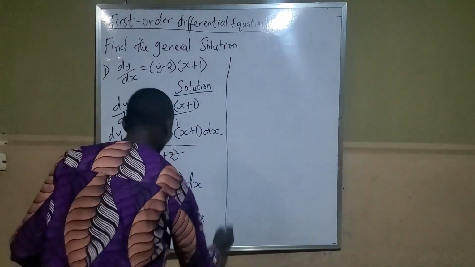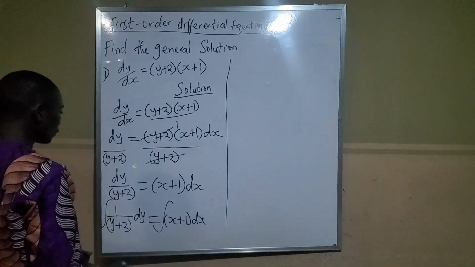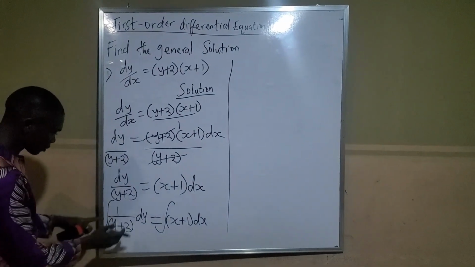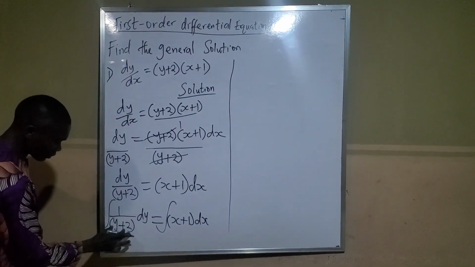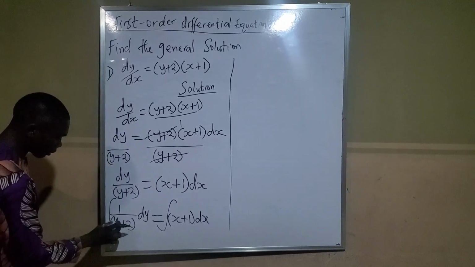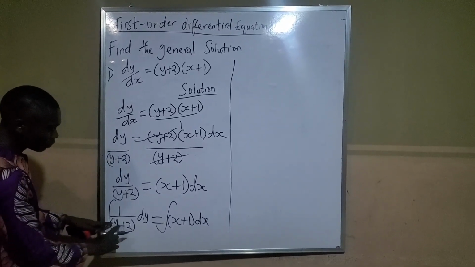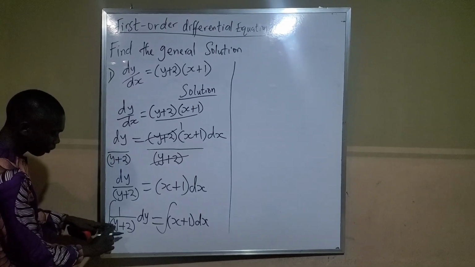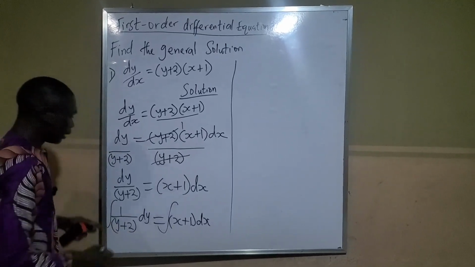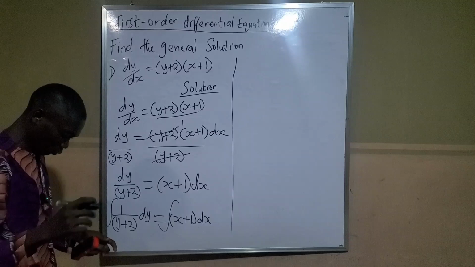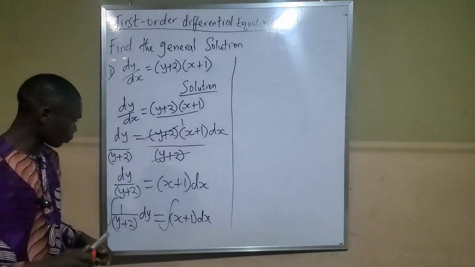So here we have the integral. Now, if you look at this, whenever I integrate 1 over (y + 2), it will give me ln(y + 2). Why? In integration, you can watch my video on integration using substitution method.